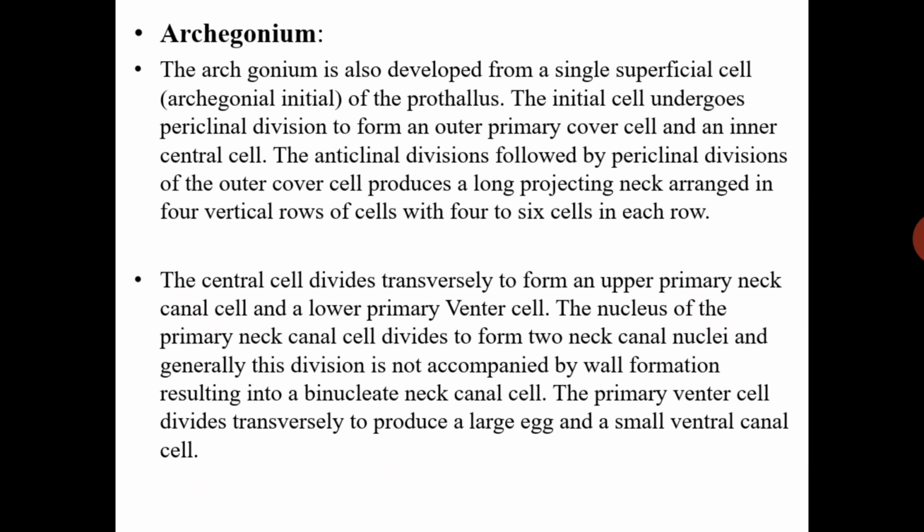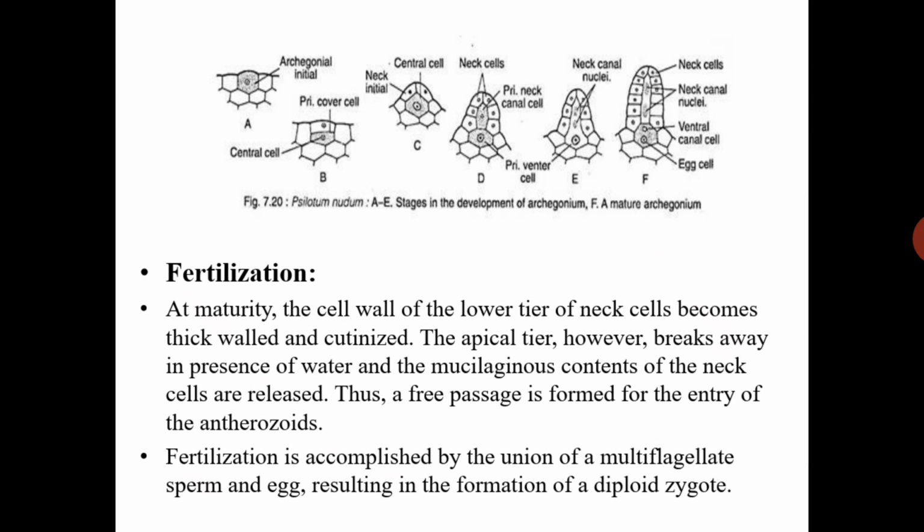The primary ventral cell divides transversely to produce a large egg and a small ventral canal cell. So you can see here in the diagram the neck cells, a neck canal cell, one ventral canal cell, and in the center you find an egg cell. So now you have studied the structure of antheridium and archegonium.